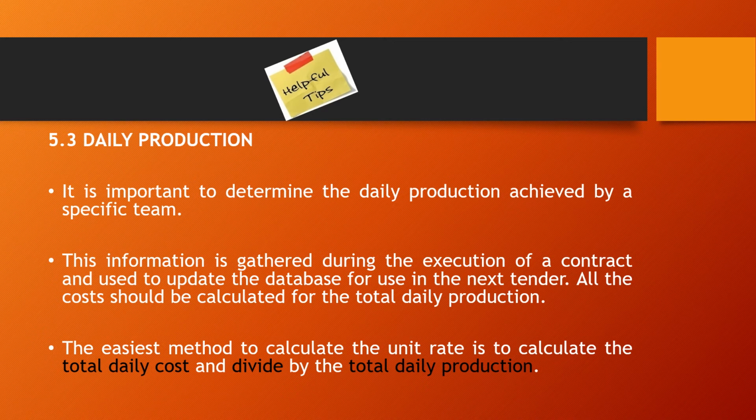Knowing that daily cost, this is what it costs to pour concrete in one day. Then you take the total cost and divide it by the output of the team, by 8 cubic meters if they produce 8 cubic meters, and that will give you the rate. It's just so easy to calculate the rate.